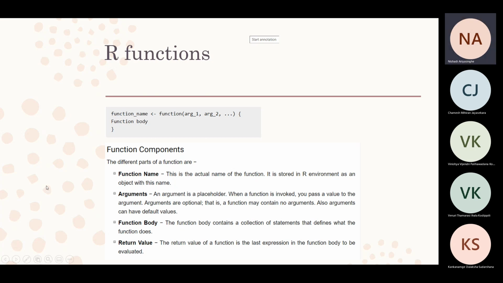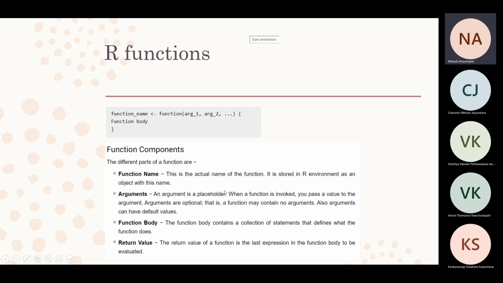So there are different function components, as I have mentioned here. First is the function name. This is the actual name of the function. This function name is stored in the R environment as an object with its name.